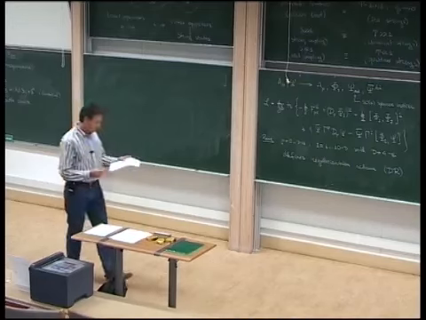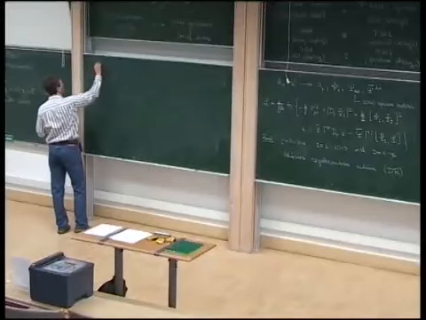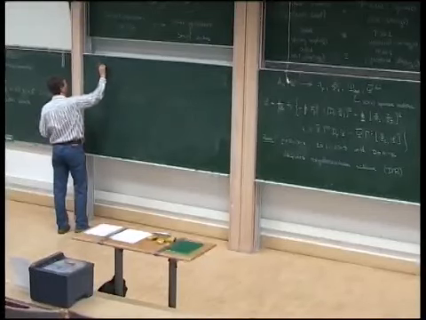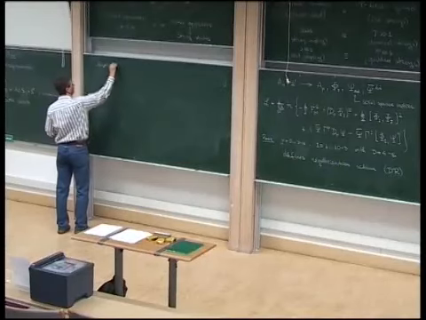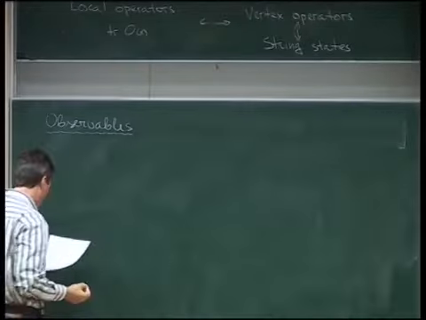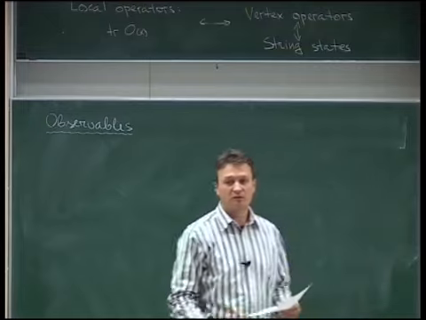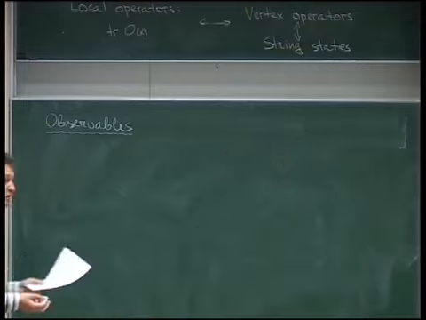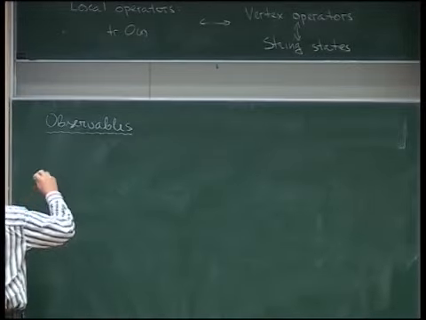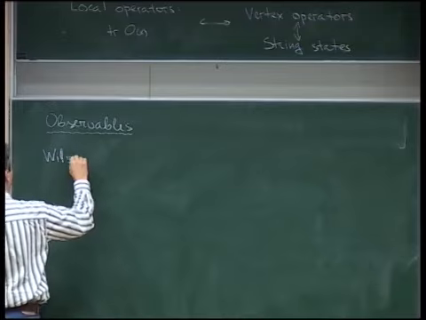So this AdS/CFT correspondence also identifies observables in both theories. And there are basically two kinds of observables in super Yang-Mills theory. So one possible observable is the Wilson loop.